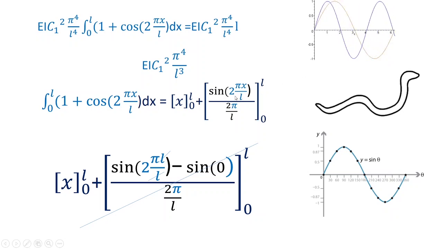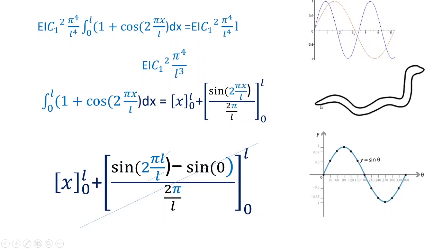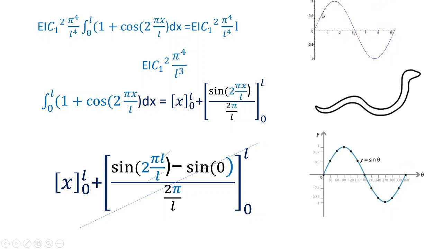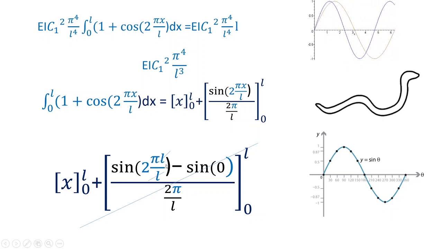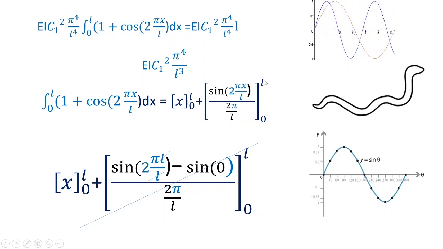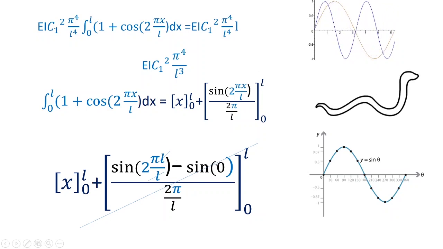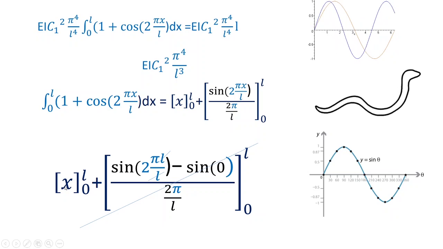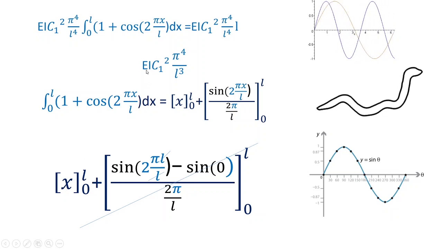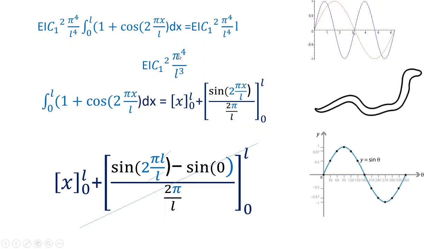Now sine, if you see, it's just like a snake movement. It starts from 0 and moves like this: 0 to pi to 3 pi, but any multiplication with pi is 0. If I put the limit l by l, it will be 0. Sine 0 is 0, so this term will be cancelled and only l is left. So finally we will get EI c1 square pi 4 by l cube divided by 2.